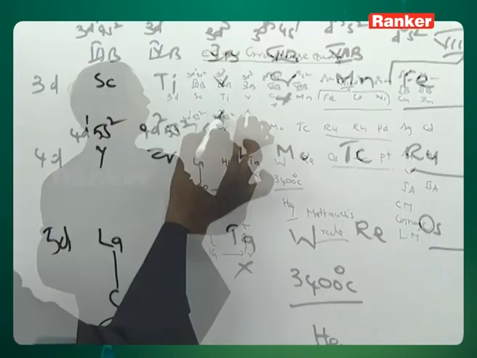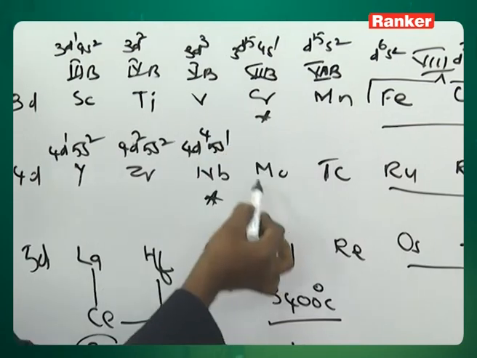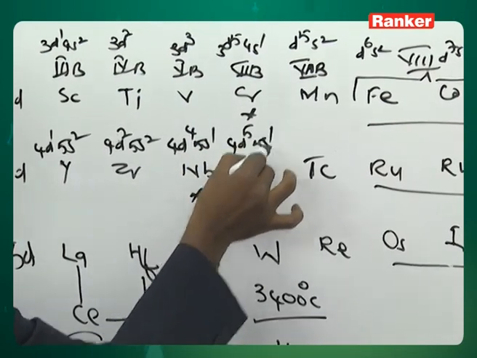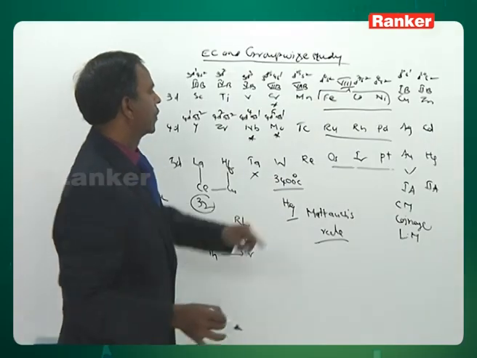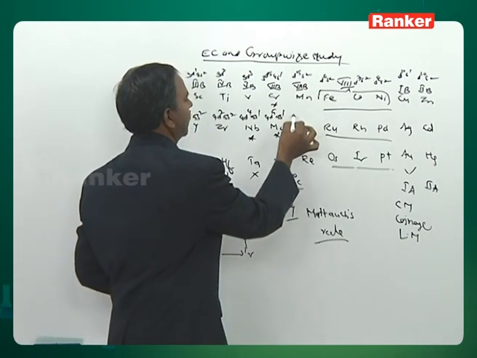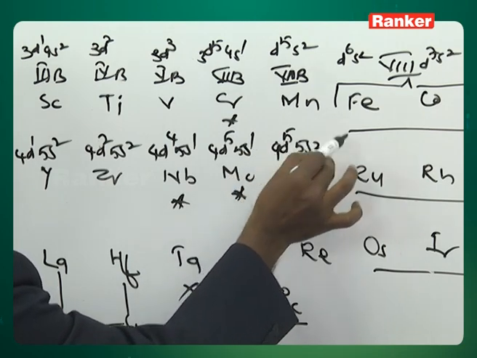Look here, it is 4d4 5s1, an exception. Molybdenum, like chromium, is 4d5 5s1. This is also an exception. Technetium is like manganese: 4d5 5s2.